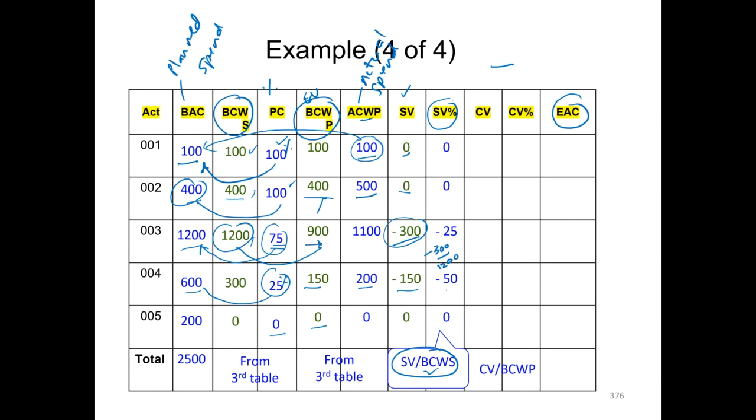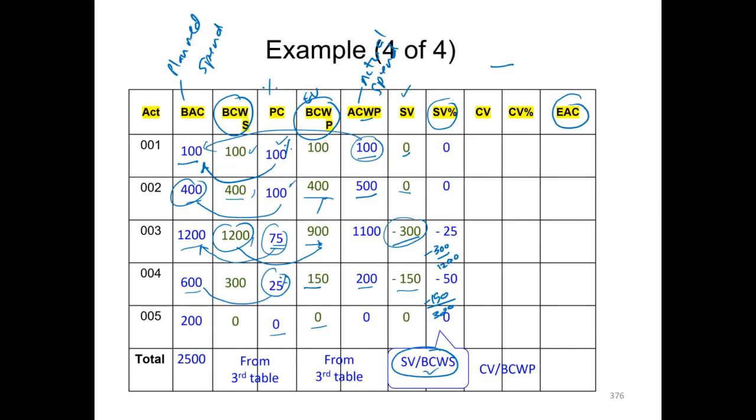Likewise here we calculate schedule variance as minus 150 divided by the budgeted cost of work scheduled, which for this activity was 300. So minus 150 by 300 gives us minus 50. This is represented as a percentage figure.